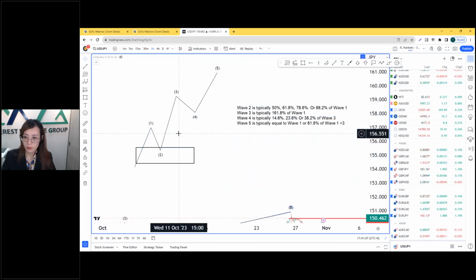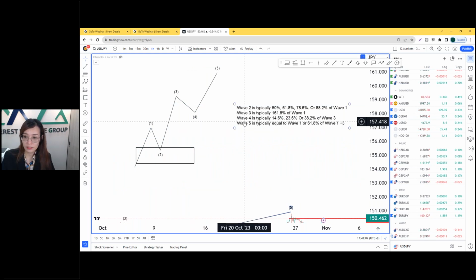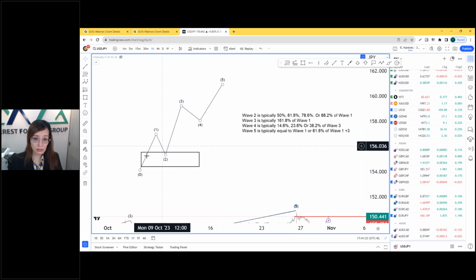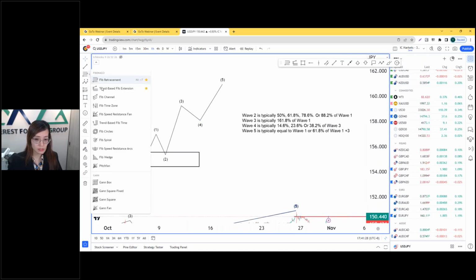And what about wave 3? They say that typically it is 161.8% of wave 1, or sometimes it could go up to 261.8% of wave 1. So basically this time we're not using a retracement, we are using projection. You still remember projection, we're using the trend-based Fib extension.